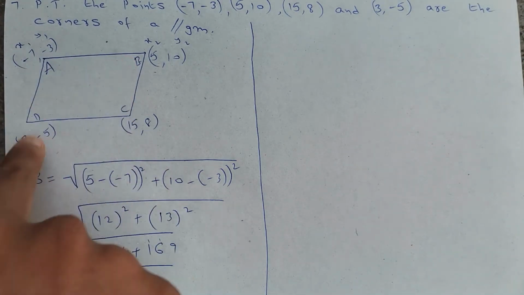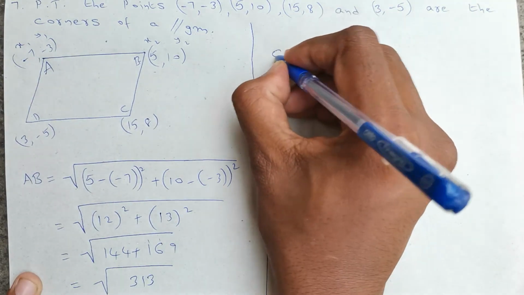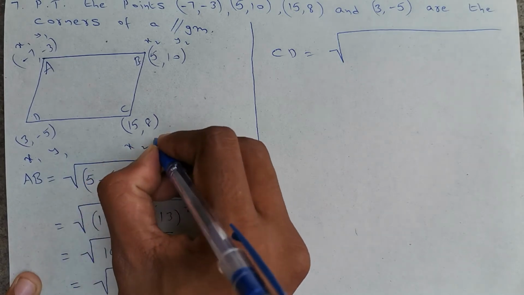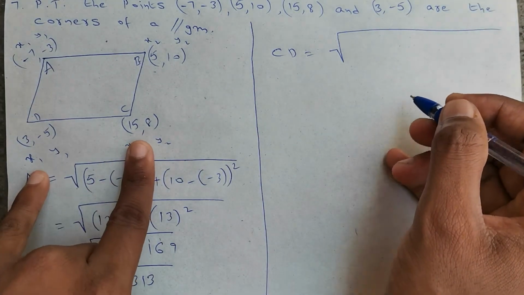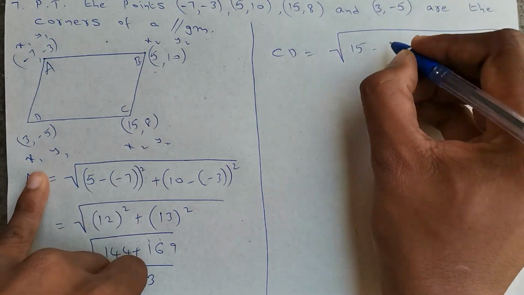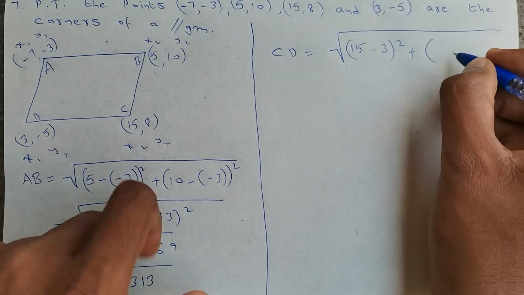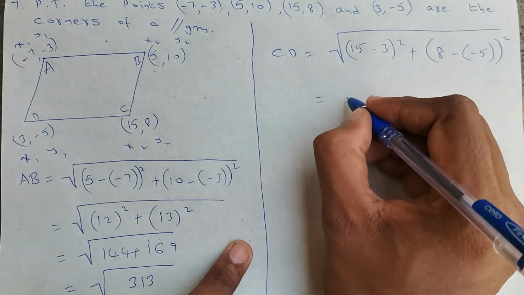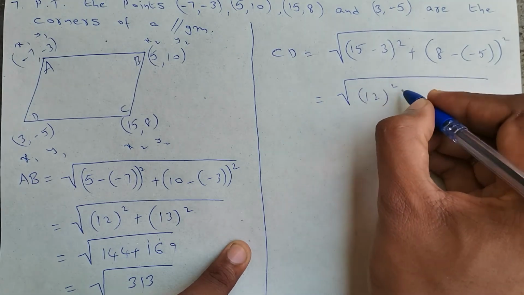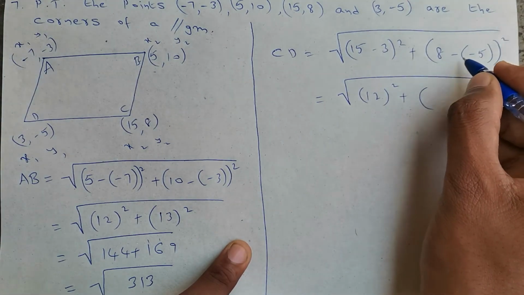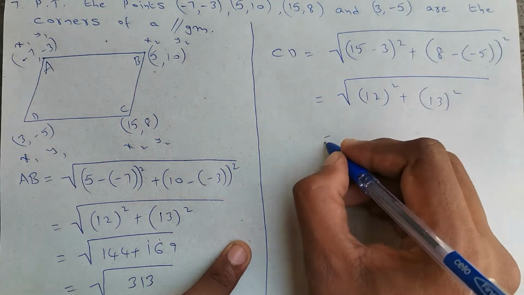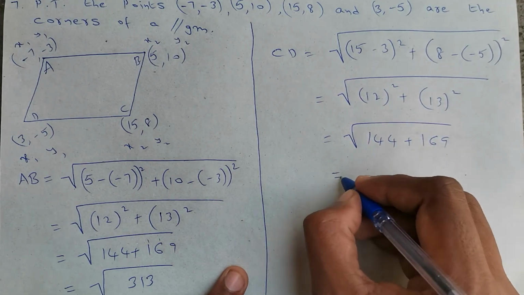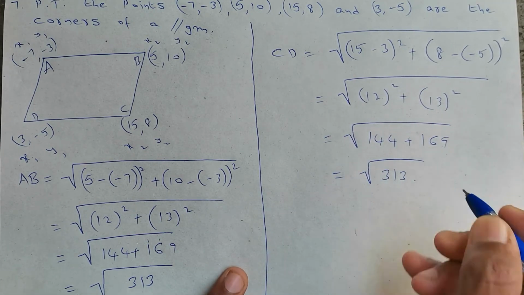Next, AB completed. Now I will find CD distance also. CD is equal to under root, this I am taking as x1 y1 and this as x2 y2. x2 minus x1, here 15 minus x1 is 3 whole square plus y2 is 8 minus y1 is minus 5 whole square, which is equal to 15 minus 3, 12 square plus 8 plus 5, 13 square, which is equal to under root 144 plus 169, which is equal to under root 313.